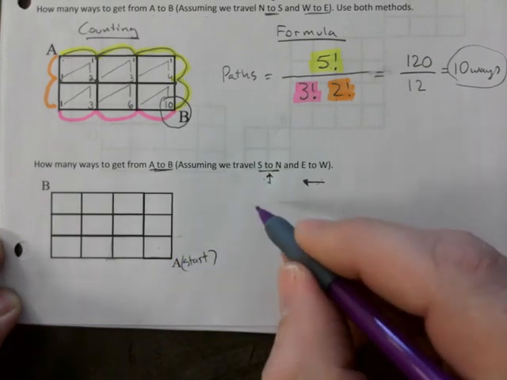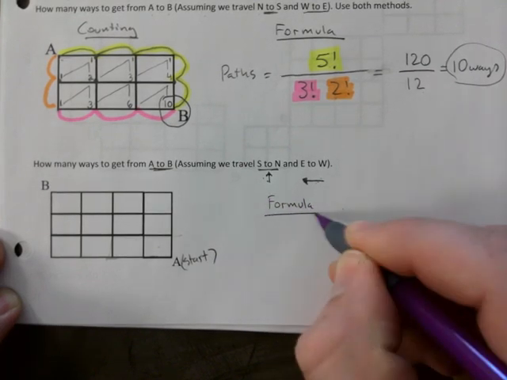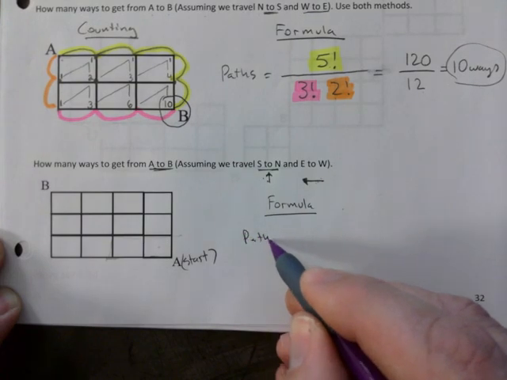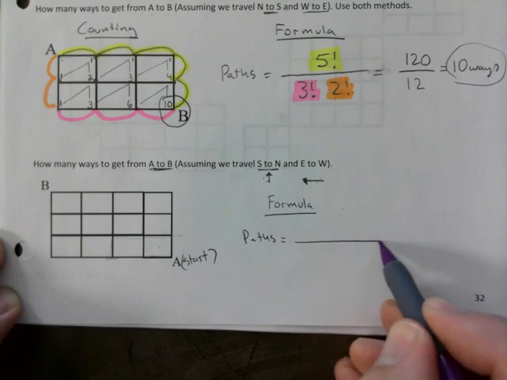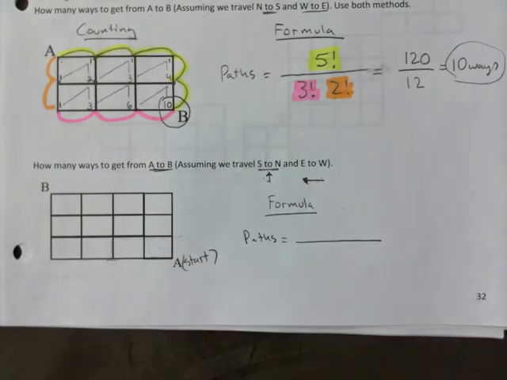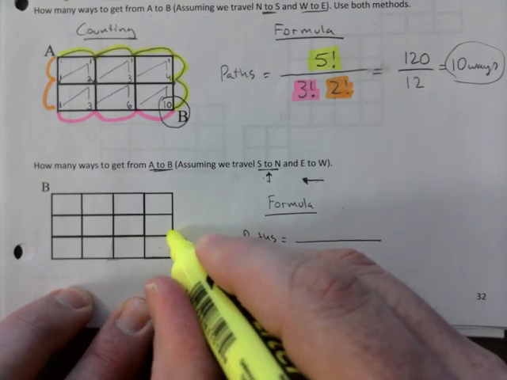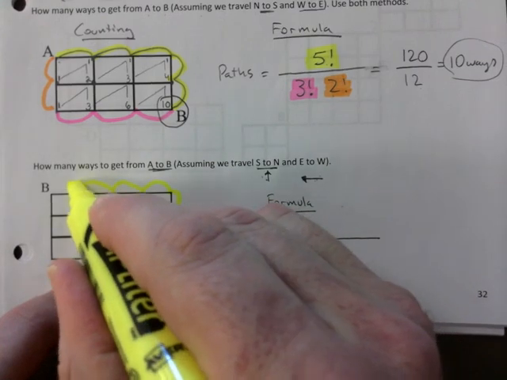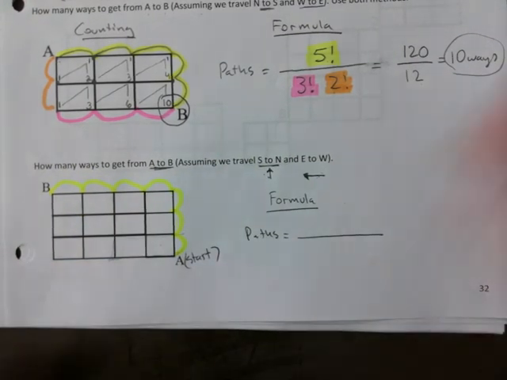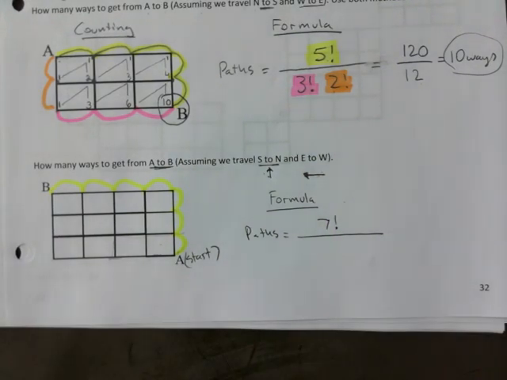Okay. So I'm going to do formula first. So paths, let's do that first because then we can verify that we counted correctly. So you grab, it's up to you if you want to do the highlighting. I don't blame you if you don't. But it's 1, 2, 3, 4, 5, 6, 7. Right? So 7 factorial is going to be your top number.